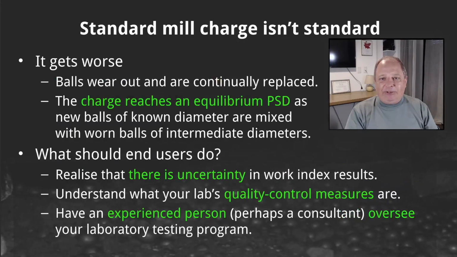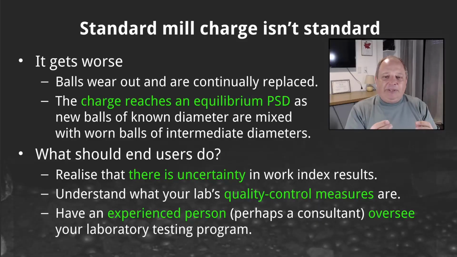So the key message here, the ball charge isn't standard. How the labs decide to replace a worn ball is not necessarily standard. What goes on in the mill is that charge reaches some sort of an equilibrium ball size distribution.